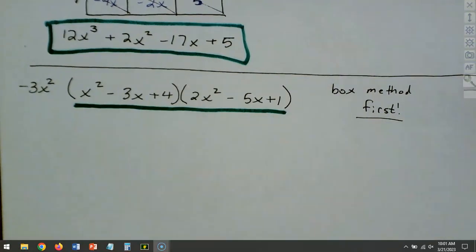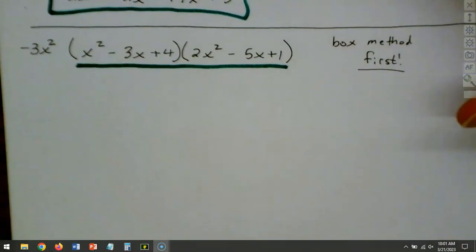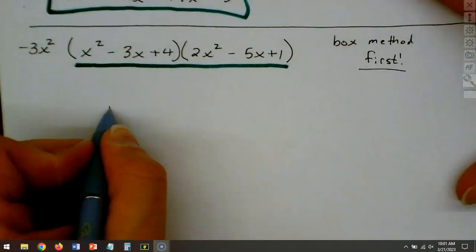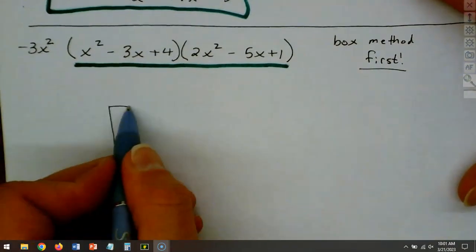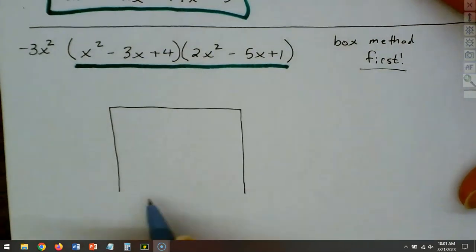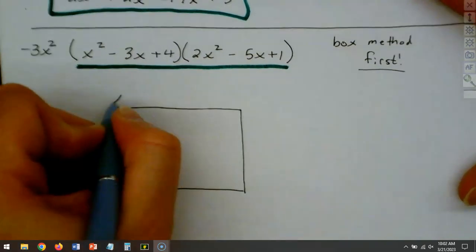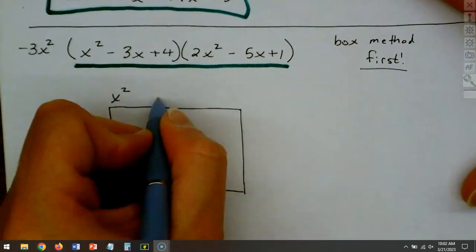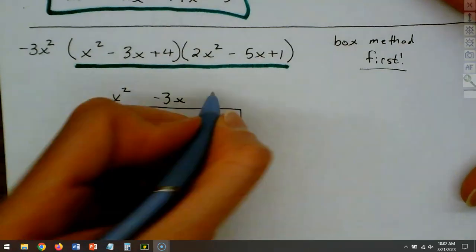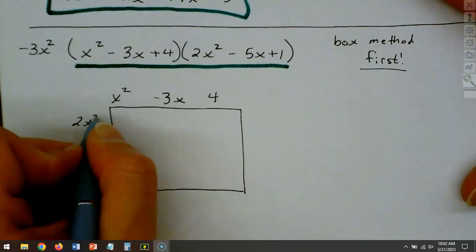So we're going to do the box method on this. Now this is going to make it a square because we have 3 across the top and 3 down the side. It doesn't matter which ones go across the top and which ones go down the side. So I'll just write the first one across the top, and the second one down the side.